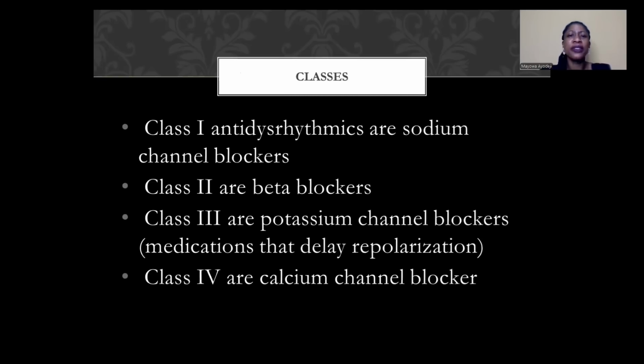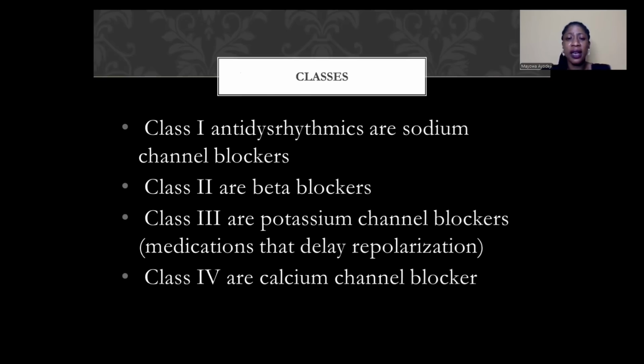So we have different classes of antiarrhythmic drugs. Class 1 are sodium channel blockers. Class 2 are beta blockers. Class 3 are potassium channel blockers. Class 4 are calcium channel blockers. I told you that they alter various ion channels within the heart.